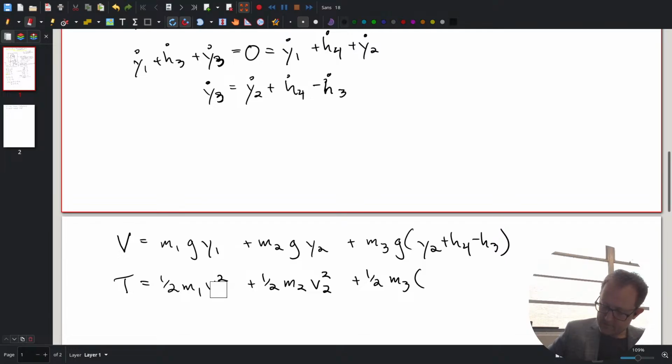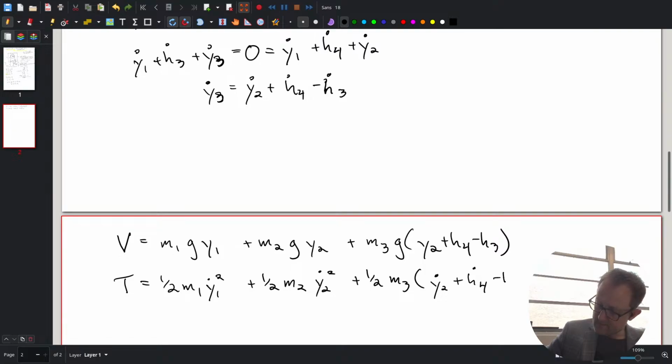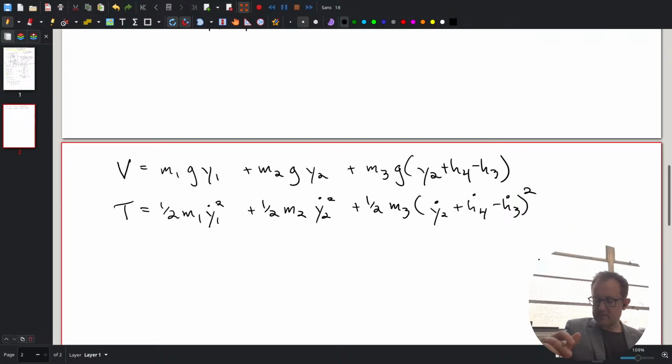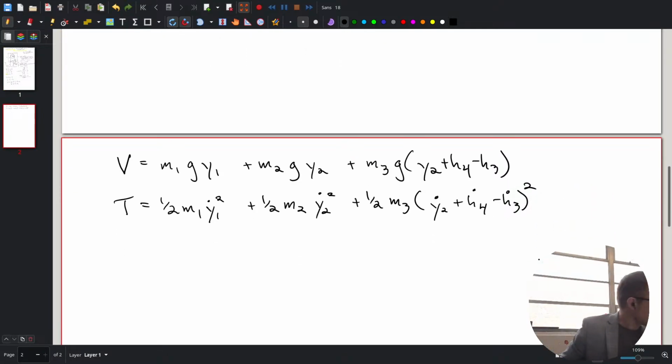So for the v terms, these are y1 dot, and this is y2 dot, and here this is my y2 dot plus... so taking all those terms and squaring them. Let's see what we got here.